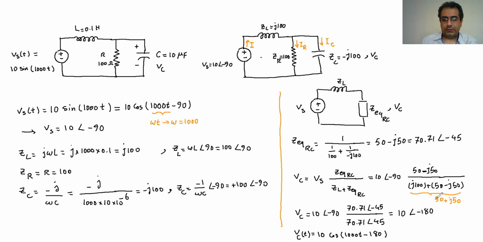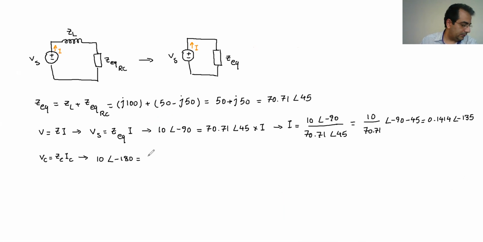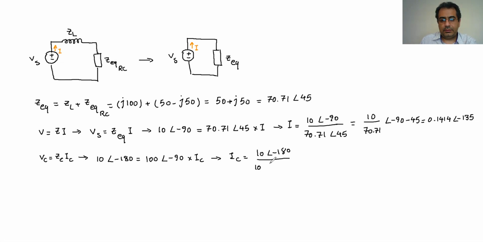So the ZC is 100 negative 90 times IC. And then if you do the calculation, the IC is going to be 10 negative 180 divided by 100 negative 90, which is going to be 0.1 with angle of negative 90.